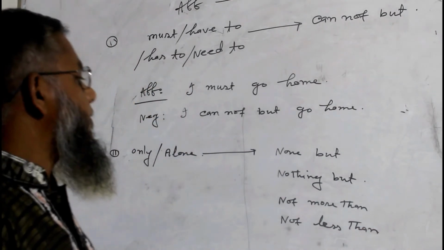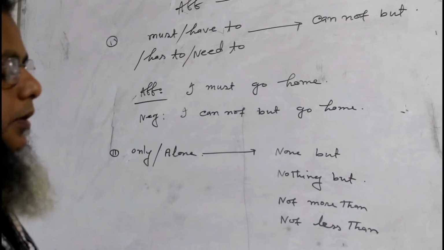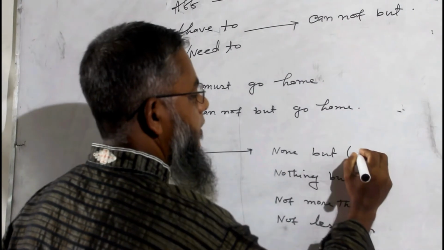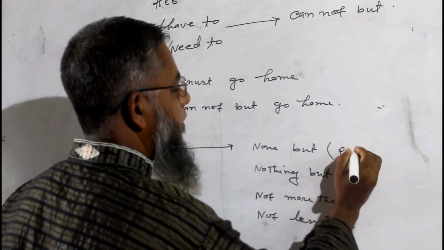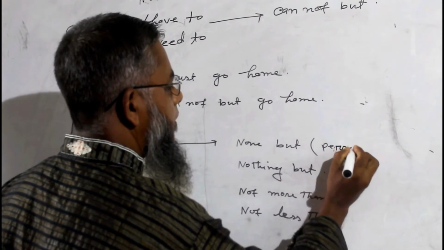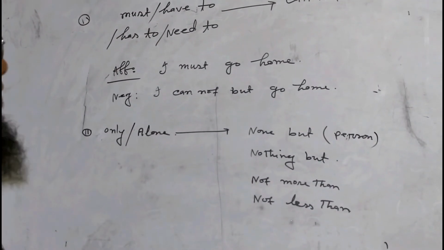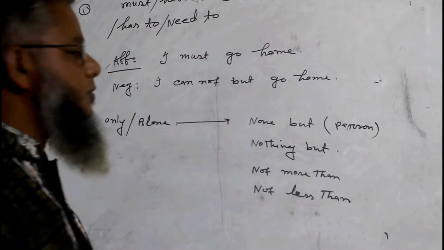If you say that a person in the affirmative sentence, you have to use none but. And if any substance in the affirmative sentence, you have to use nothing but.